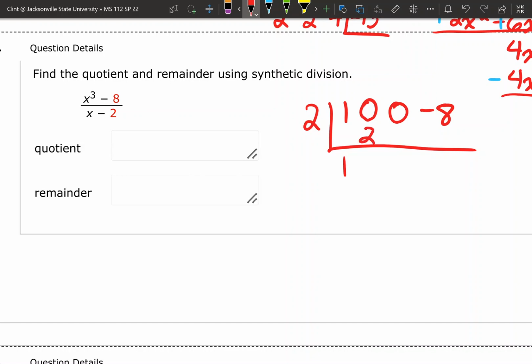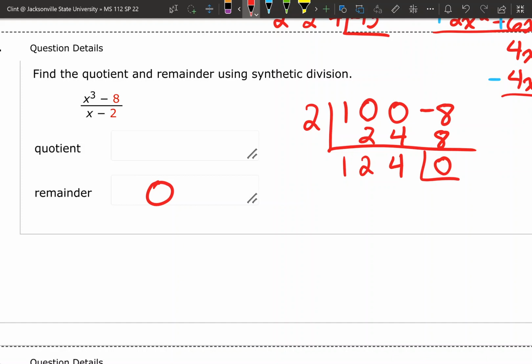1 times 2 is 2. 0 plus 2 is 2. 2 times 2 is 4. 0 plus 4 is 4. 4 times 2 is 8. I have a remainder of 0 on this one. And then what's my quotient going to start with? It's going to be a 1 something, a 1 what?